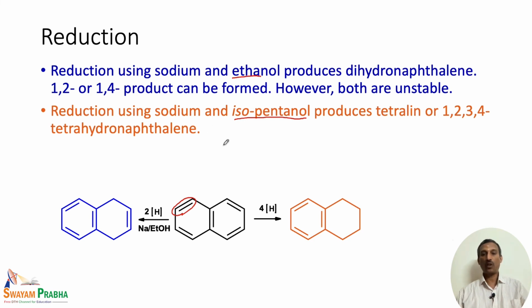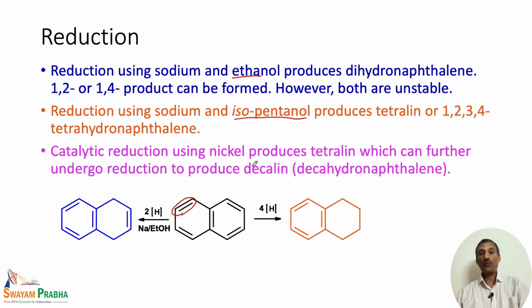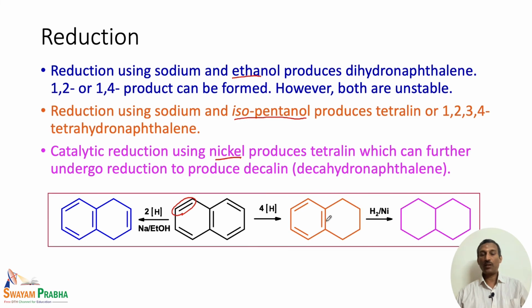Tetrahydronaphthalene is formed. And if you do the reaction in the presence of nickel, that means if you are using catalytic reduction in the presence of nickel, this tetrahydro derivative further undergoes reduction. That means the other aromatic ring also undergoes complete reduction.